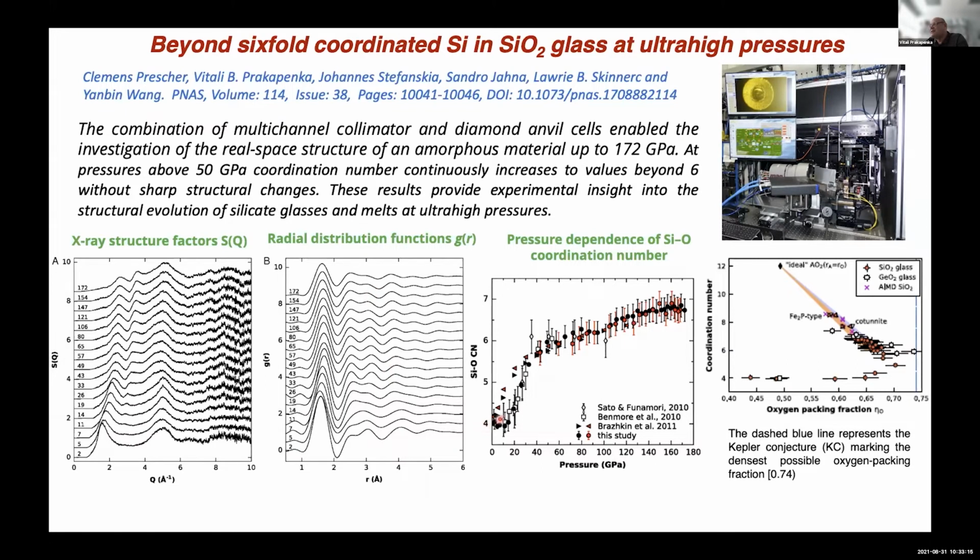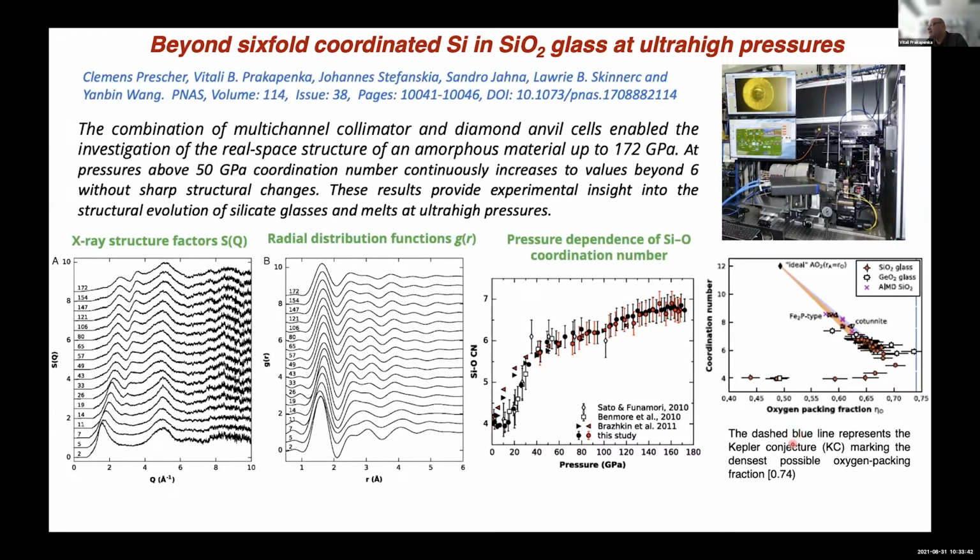You can see that the coordination number calculated for SiO2 starts increasing at around 10 GPa. At 40 GPa, it starts to reach a plateau, but it still keeps rising. Actually, we were surprised that it's not staying at 6 as was expected, but going up, approaching a coordination number of 7.